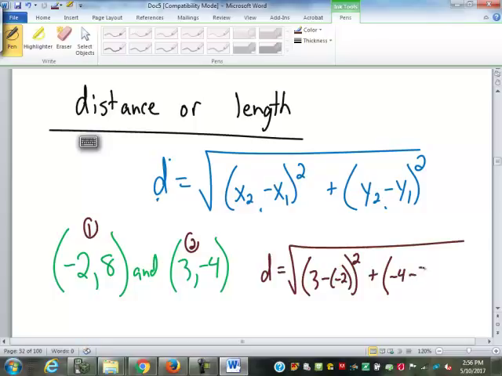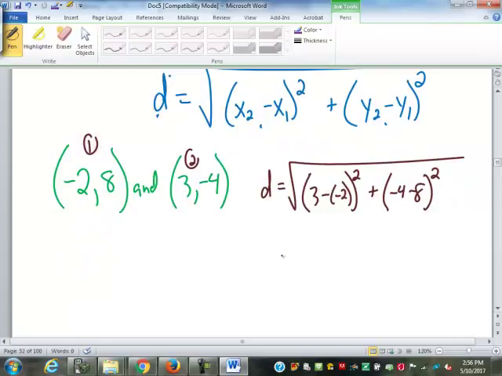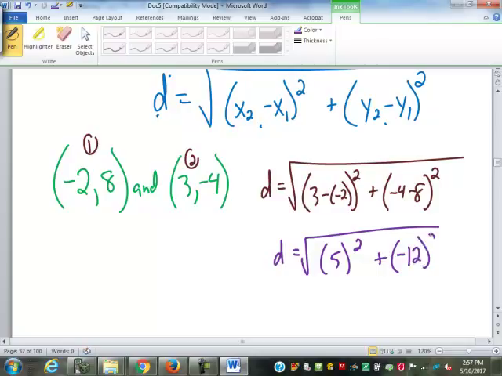Negative 4 minus 8. Thank you. Close that parentheses. That is squared. So then we have to go ahead and calculate this out. 3 minus a negative 2 is 5. Good. Negative 4 minus 8. Negative 12. Good. So that's going to be squared.